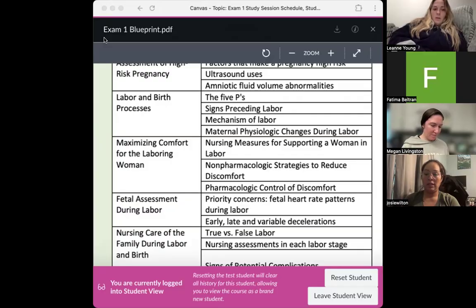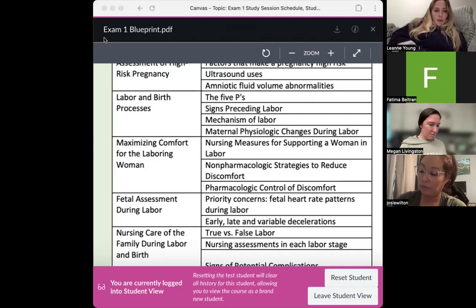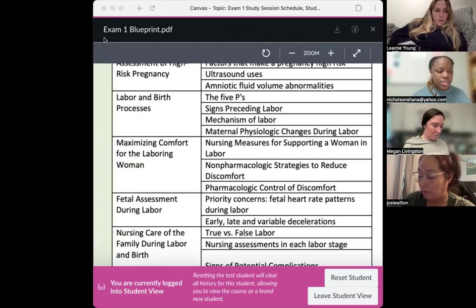Did they go by gestational weeks of how much fluid should be in there? Yes. But for our purposes, let me see where my slide is because I've got a good picture. Is it less than 5 centimeters?